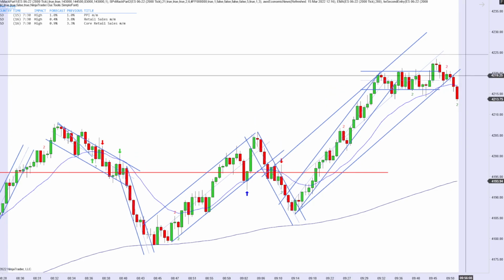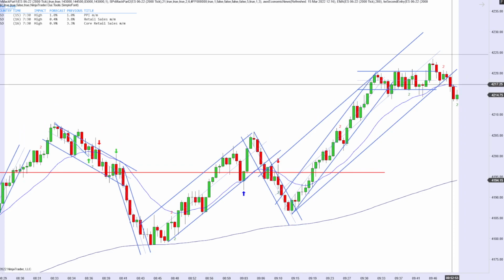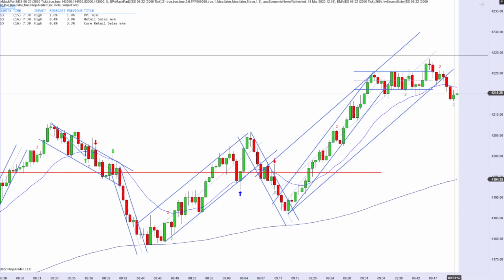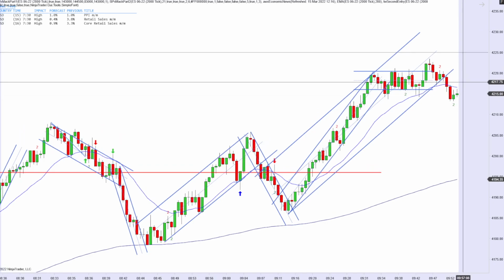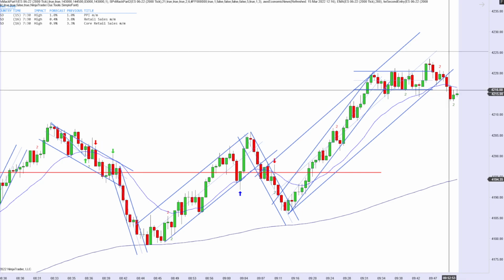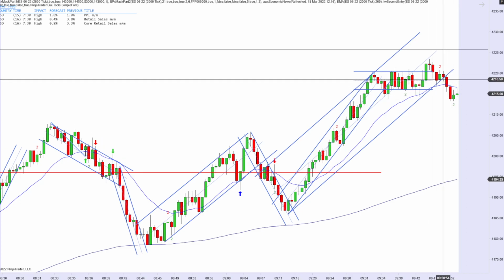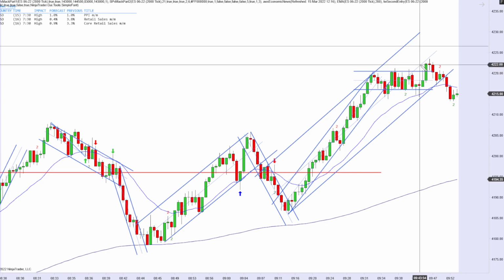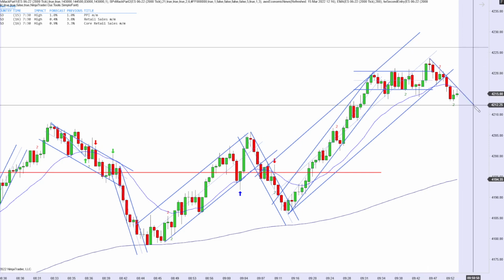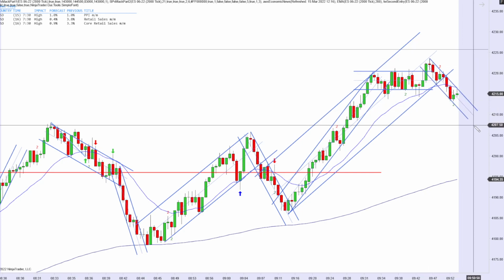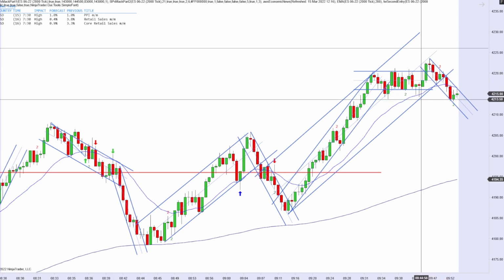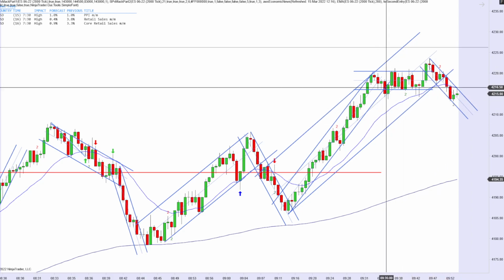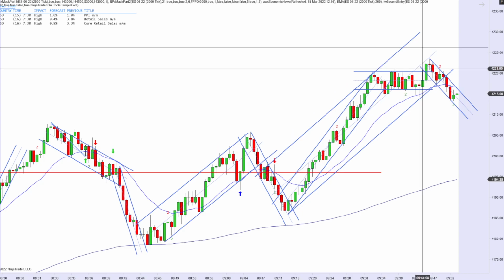It would be nice to get a second entry long. Second entry long. Okay, so we could be looking for a second entry long failure at this time, but no, we need a little bit more information because we have this short-term channel moving down. Could an uptrend have played out?